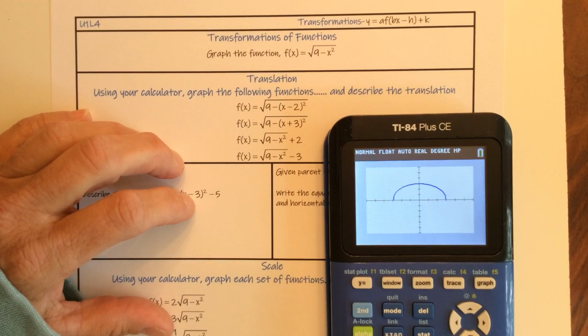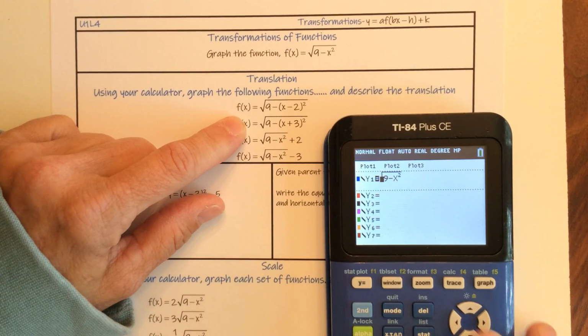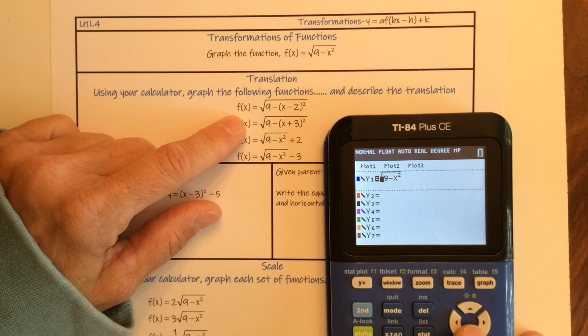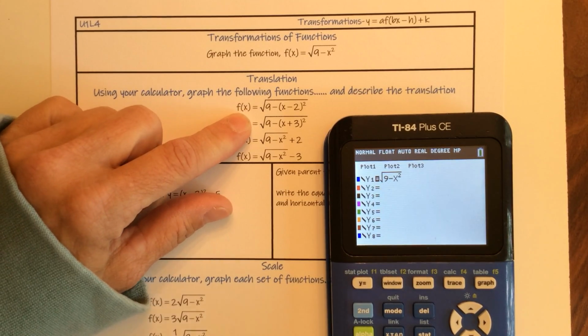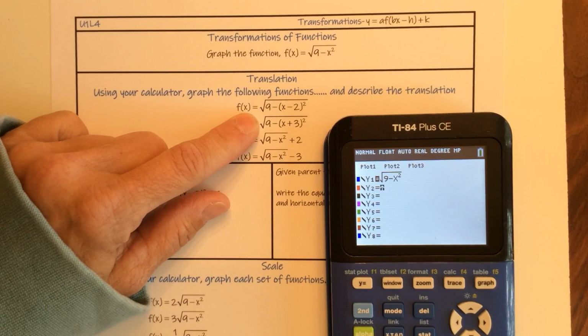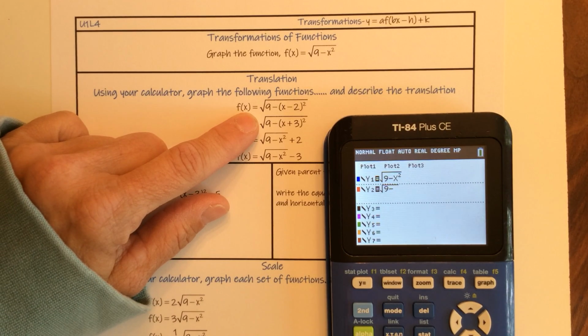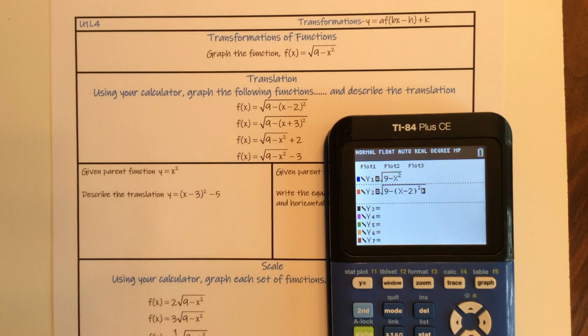I'm going to keep y1, the square root of 9 minus x squared. In y2, I'll type the square root of 9 minus, with parentheses, x minus 2, close the parentheses, and square.